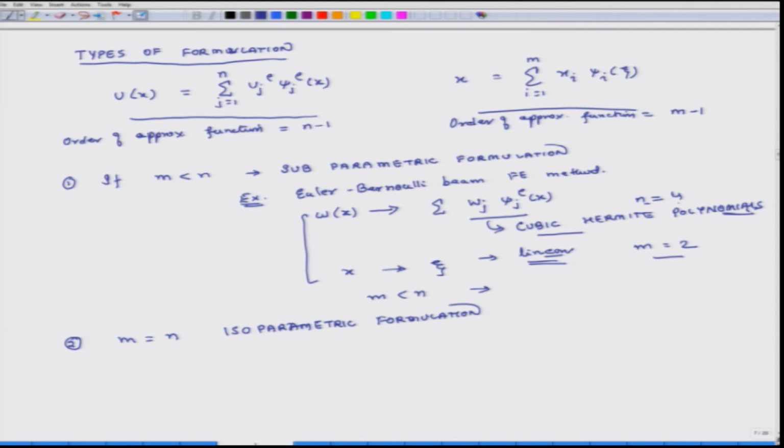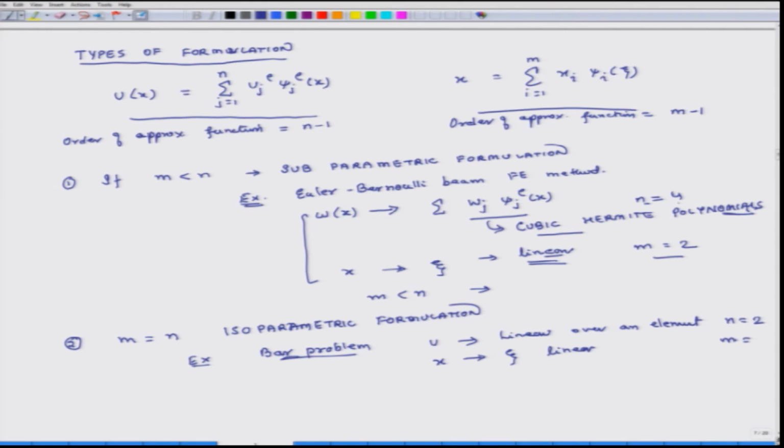For instance, if I am trying to solve this bar problem, I can say that U can be linearly varying over an element, and in this case n is equal to 2, and at the same time I can say that the x to zeta transformation is linear.